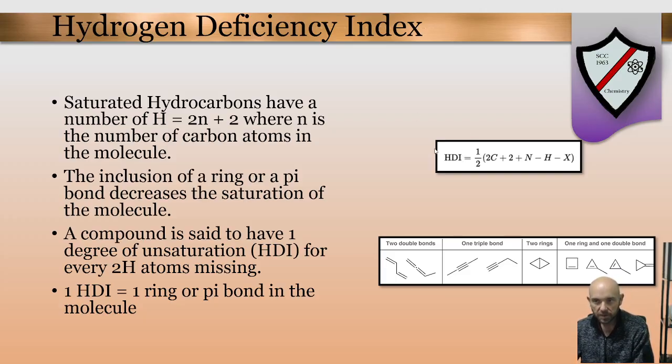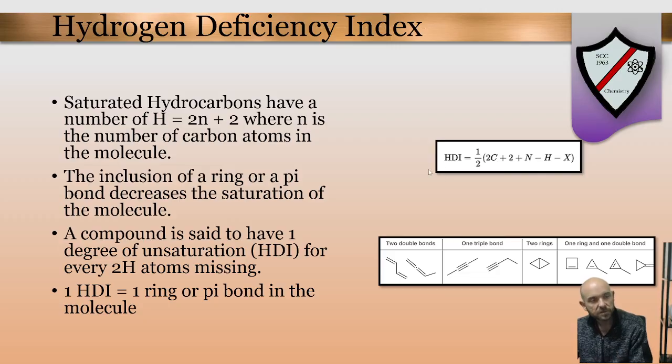The hydrogen deficiency index is equal to 1/2 times 2 times the number of carbons plus 2 plus the number of nitrogens minus the number of hydrogens minus total halogens in a molecule. So doing this simple arithmetic calculation will lead to some integer.